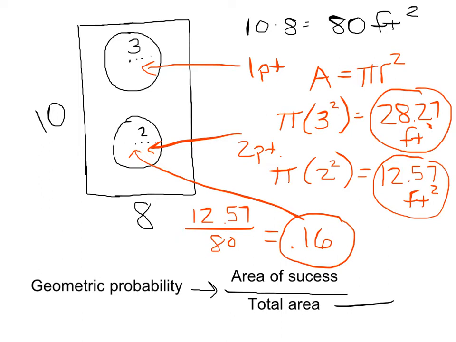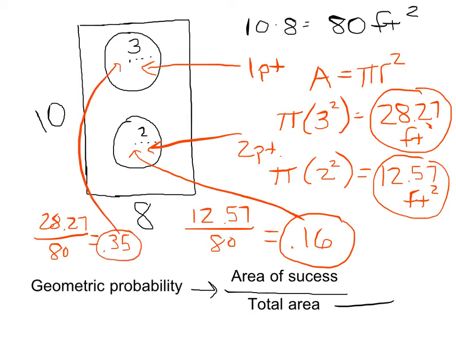I would do the exact same thing for the 28.27. If I took my 28.27 divided by 80, again the area of success divided by your total area, I'm going to get 0.35. So the probability of me landing in the 1-point circle is 0.35.